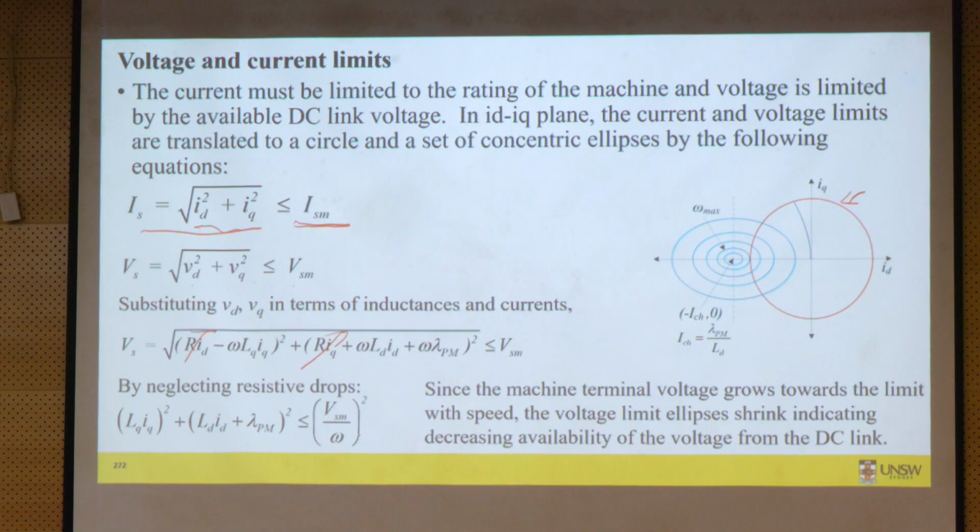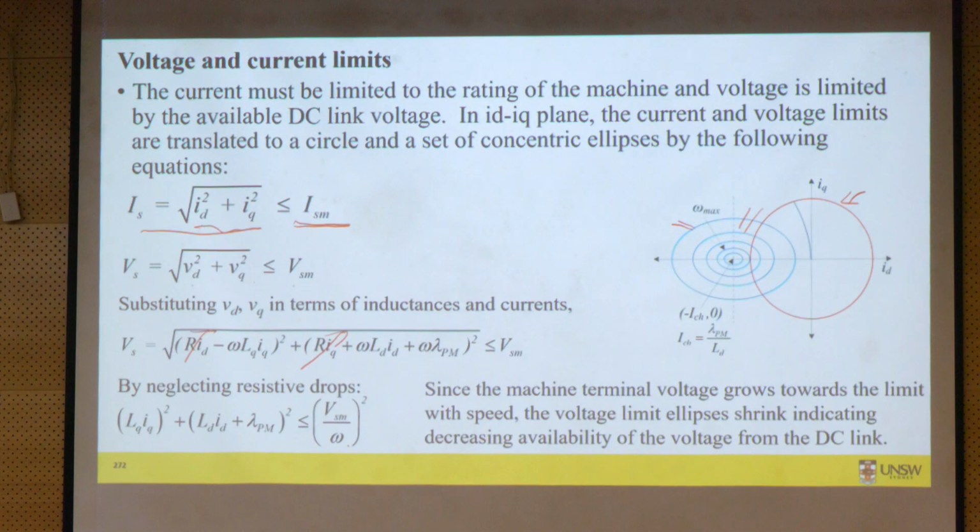And if you look at here, this is actually the equation of an ellipse, right? So if I plot this voltage equation for various Id, Iq currents, keeping a particular speed, I will get an ellipse like this. Okay, so this ellipse is called the voltage limit ellipse.